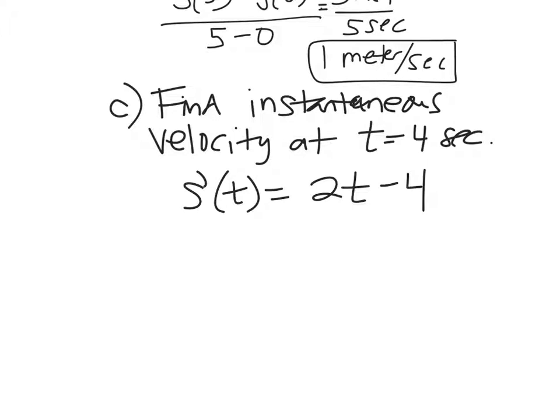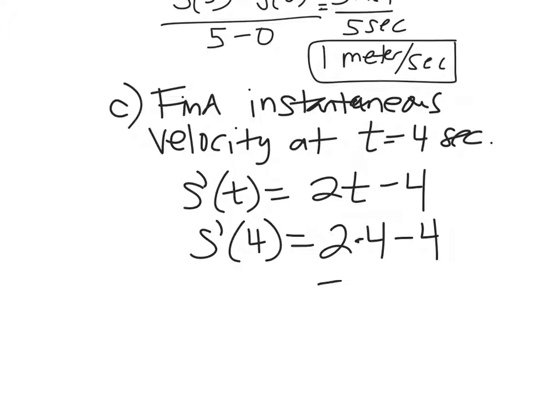Beautiful. And then we want to find at t equals 4, so we plug in 4. 2 times 4 minus 4. 8 minus 4, and we get 4. 4 meters per second. Perfect. It's going pretty fast there.